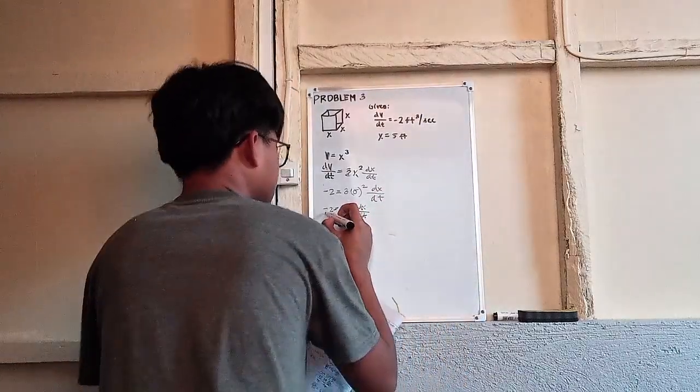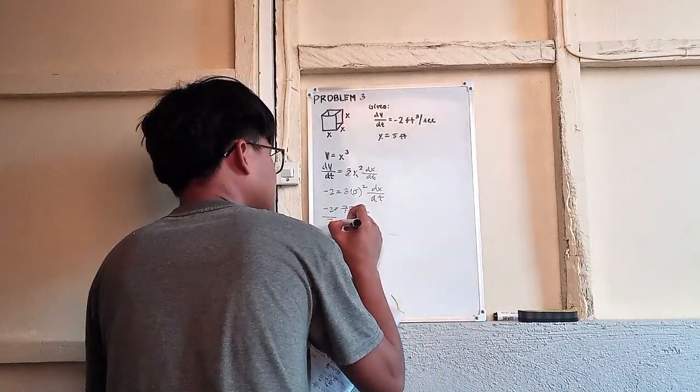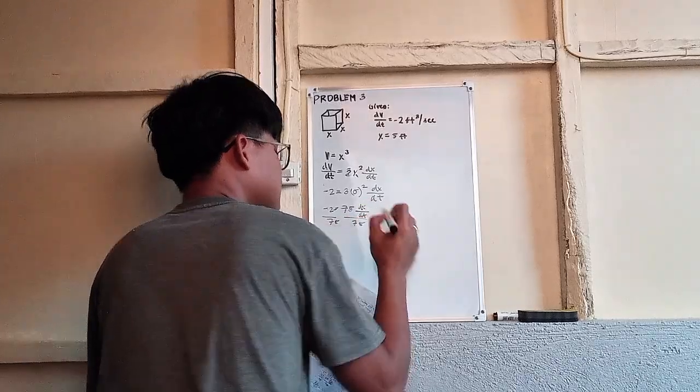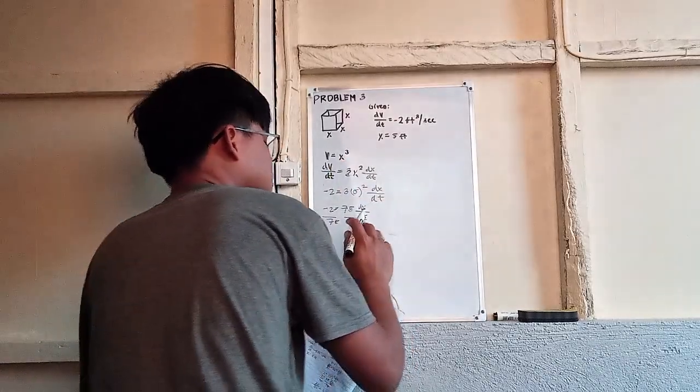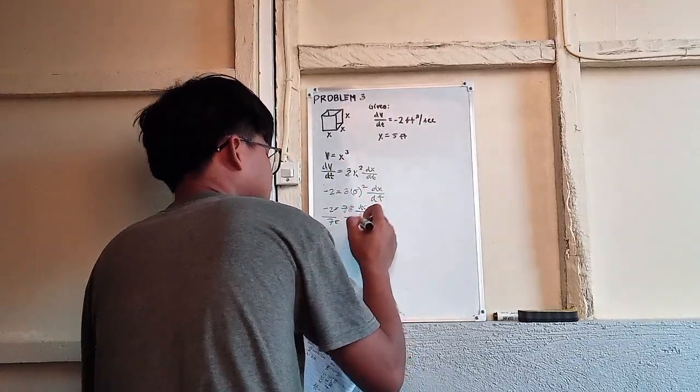Then divide both sides by 75, so that the dx over dt will remain. Cancel.